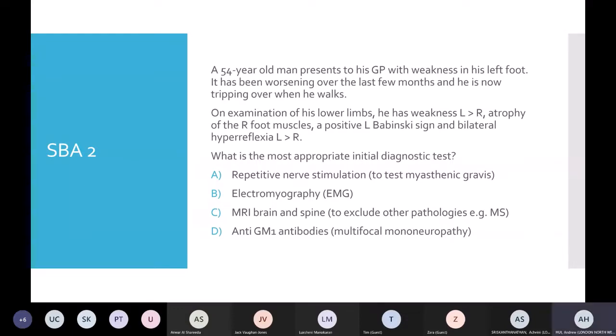On examination of his lower limbs, he has weakness more towards the left side, atrophy of the right foot muscles, a positive left Babinski sign, and bilateral hyperreflexia, again with the left greater than the right. What is the most appropriate initial diagnostic test? And I'll give you guys a few seconds to answer.